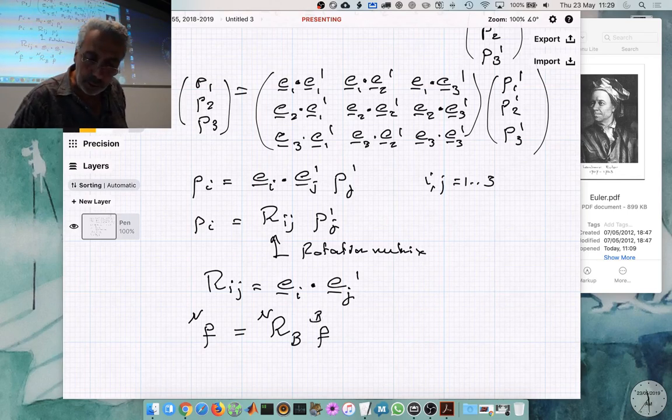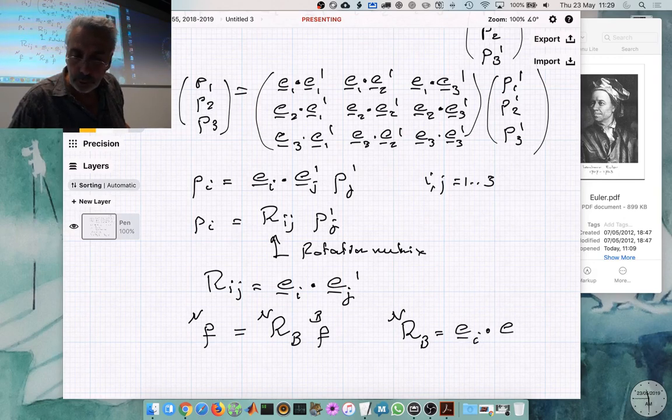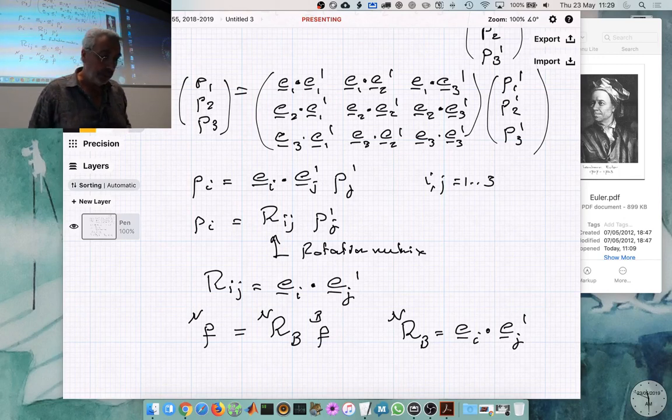And then this matrix RNB is then apparently equal to these Ei dot Ej prime. So we find the entries. Okay. 9 numbers, so apparently orientation can be described by these nine numbers, right?